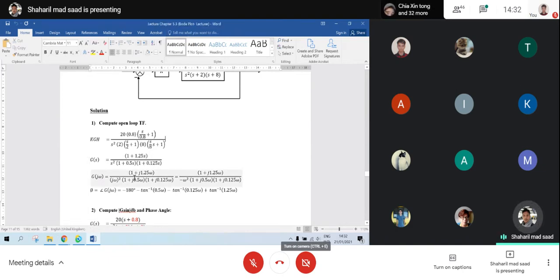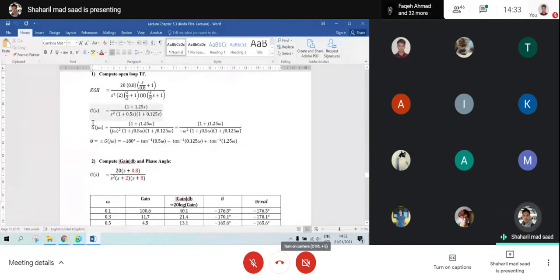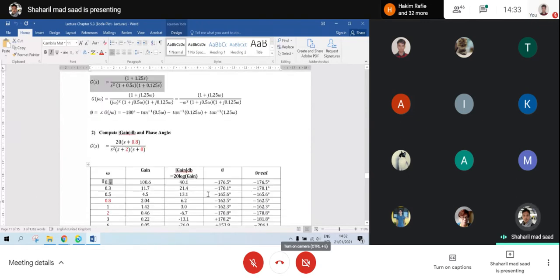Then you put s equal to jw. You replace, and then you can find the phase angle. My advice is, actually you don't need to put s equal to jw. You can straight away use this one and get the value using your calculator.